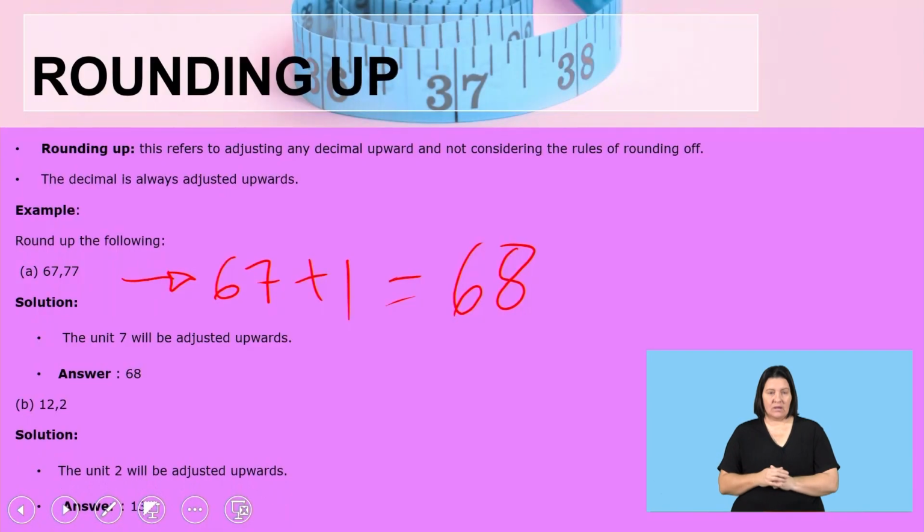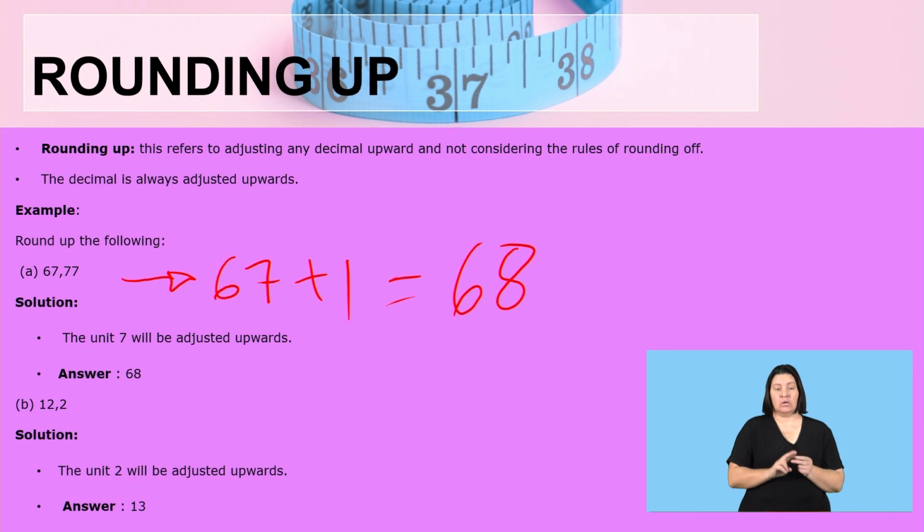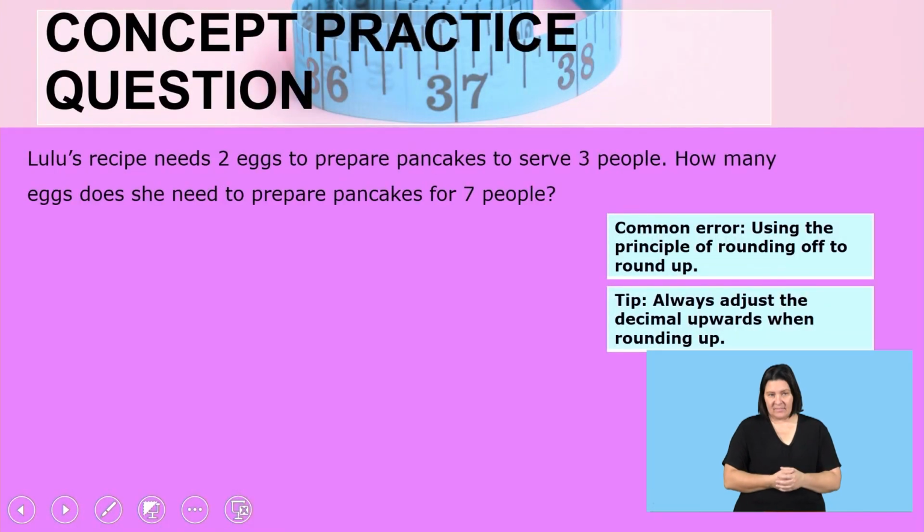So we will adjust this upward. So 12 will be added with 1, and the answer that we get will be 13. So take note, when we say you adjust upwards, you always add 1 to the unit that is given.